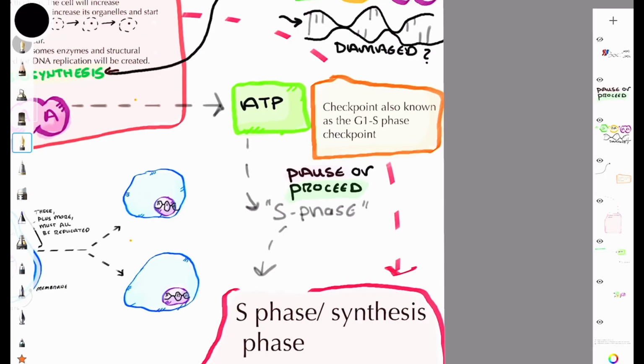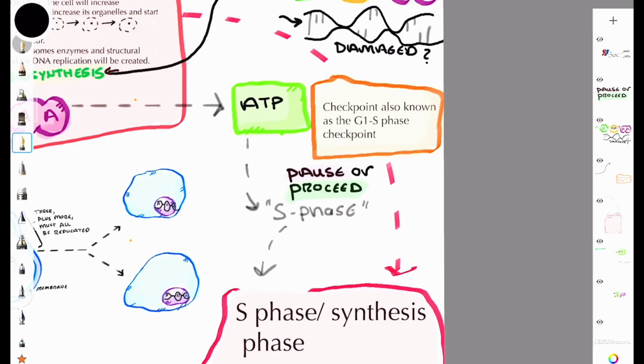They're like watchdogs. They make sure that before the cell moves into the S phase, it has created enough protein, it has done what it should have done, and it's not carrying any damaged DNA or any mutated DNA. Because when we get into the S phase, we are going to start replicating the DNA. So if the DNA is damaged, that's where we run into problems, right?